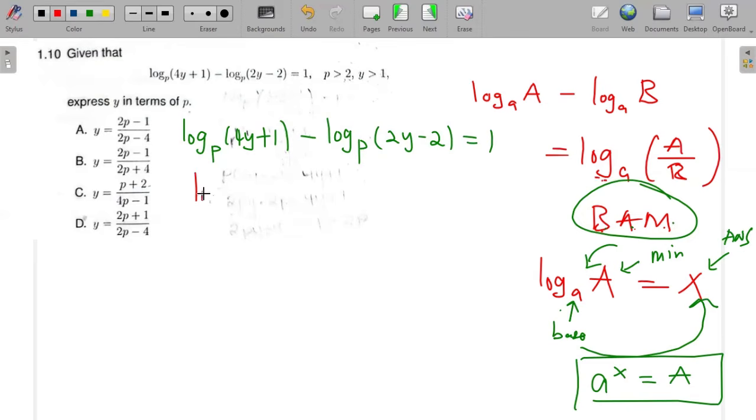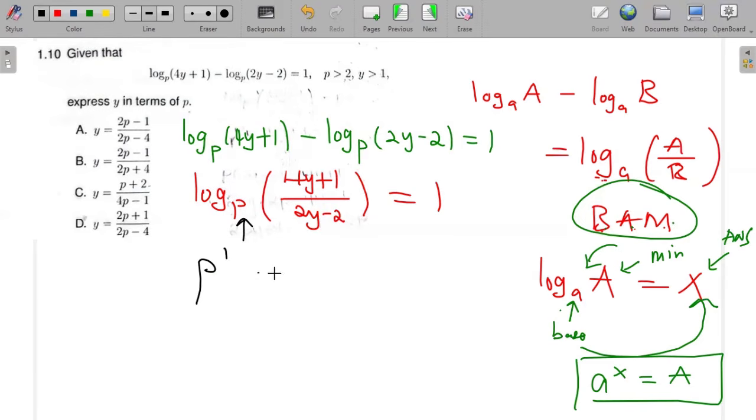I'll write it as log base p of (4y + 1) divided by (2y - 2) is equal to 1. From here, I'll use my BAM now. Base is p to the power answer 1 is equal to what is in the middle, which is (4y + 1) over (2y - 2). But p to the power 1 is just p, so this is p over 1.